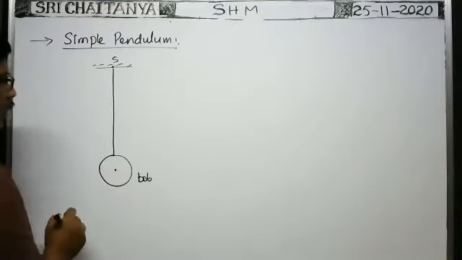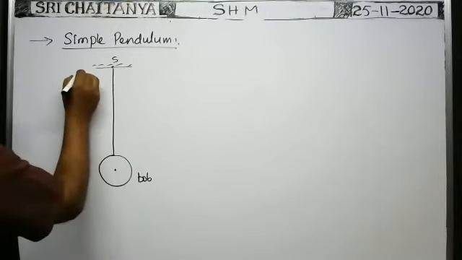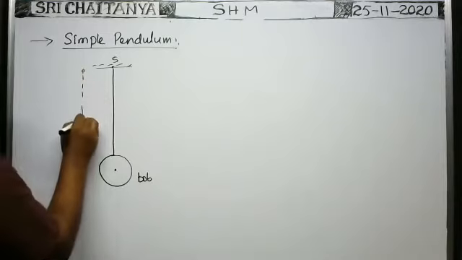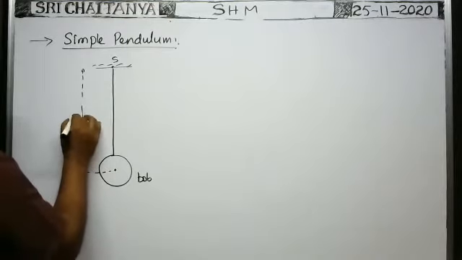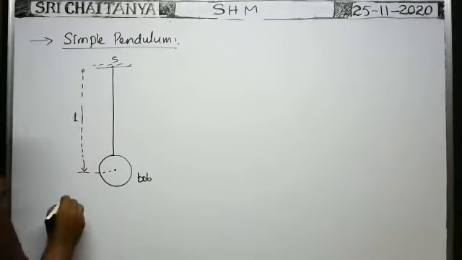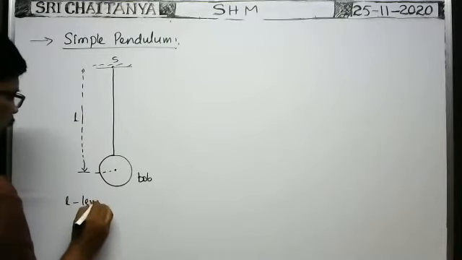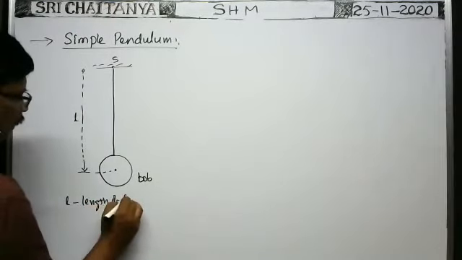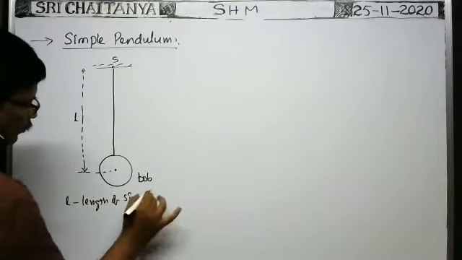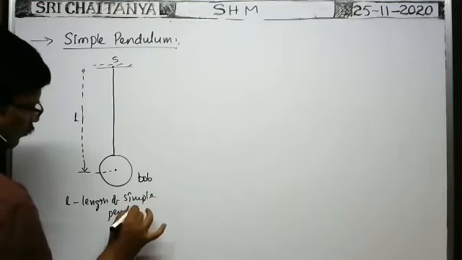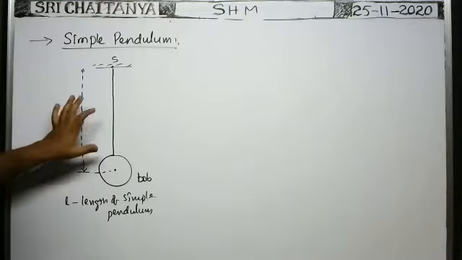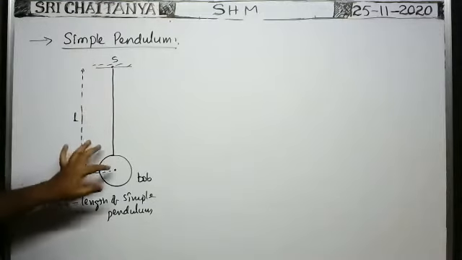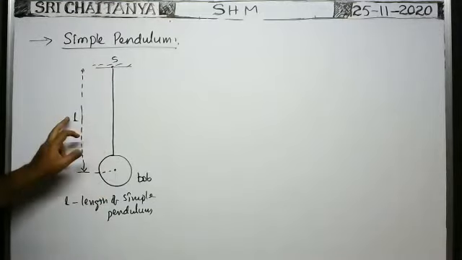The distance between the point of suspension and the center of gravity of the sphere is called the length of the simple pendulum. So L is the length of the simple pendulum.